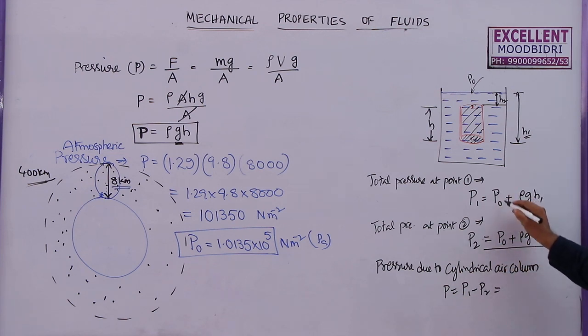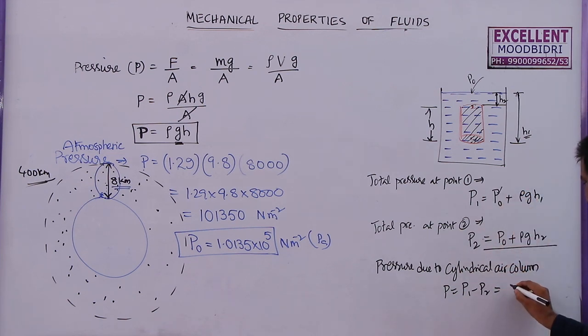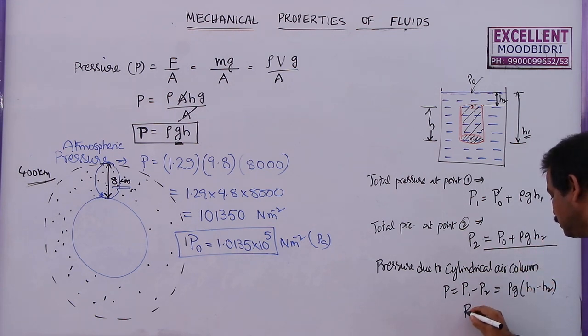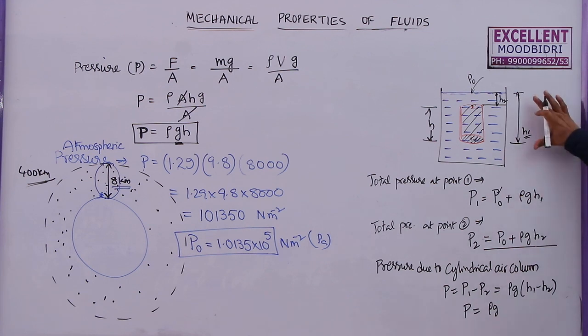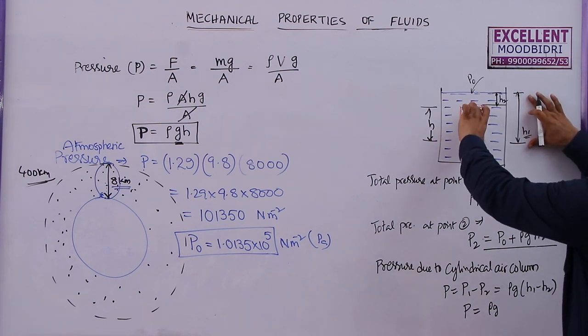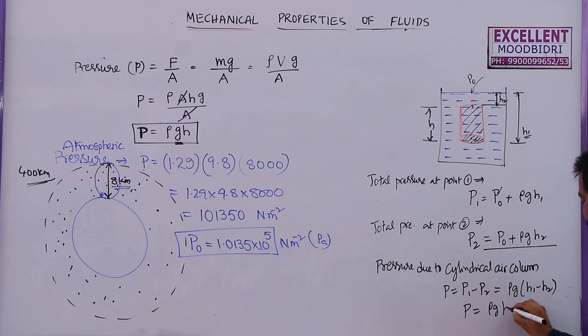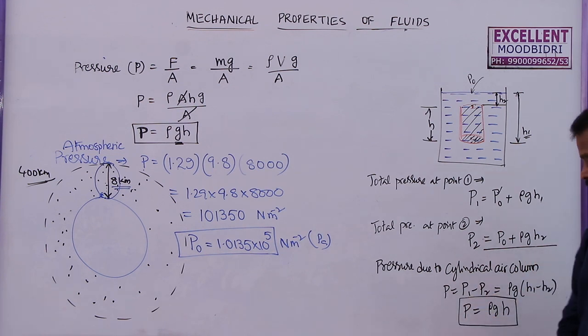If you subtract this minus this, P0 gets cancelled. This is rho g H1 minus rho g H2. So this pressure is given by rho g, what is H1 minus H2? This is H1, this is H2. This is given by the actual height of that imaginary cylindrical portion. So here also we are getting the same concept.